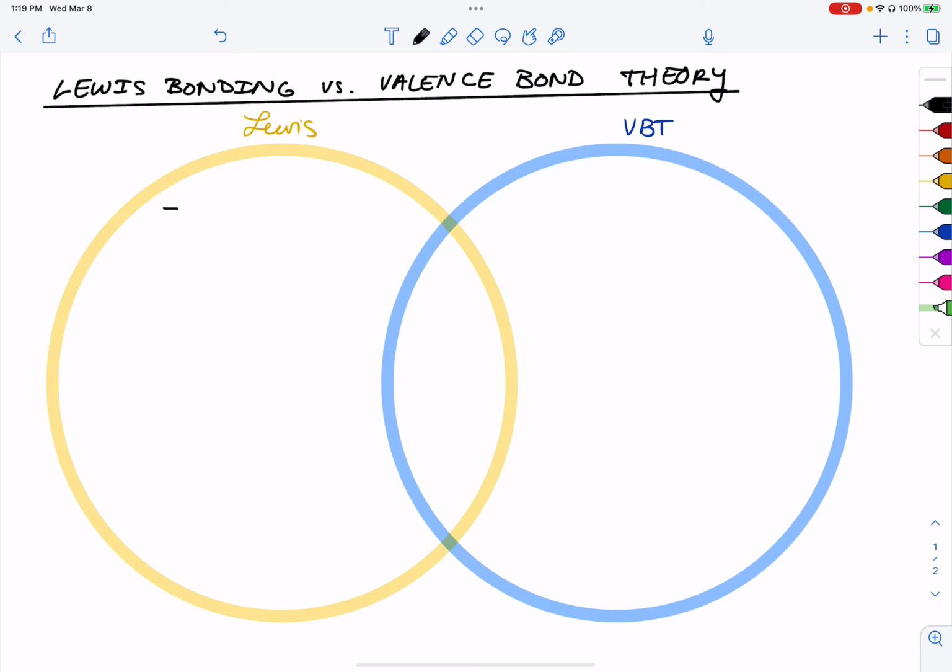So in our Lewis model, we know that electrons are treated as purely particles, which we represent using dots. And in covalent compounds, electrons are shared between atoms.